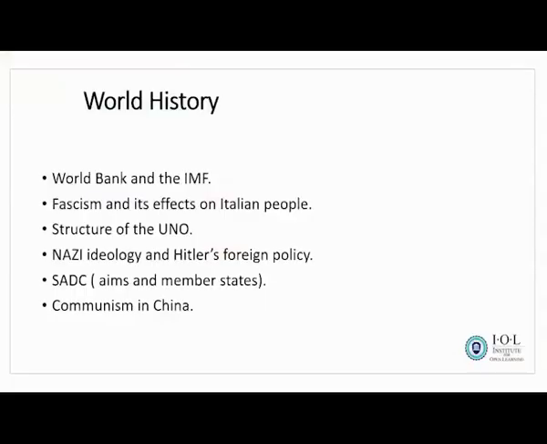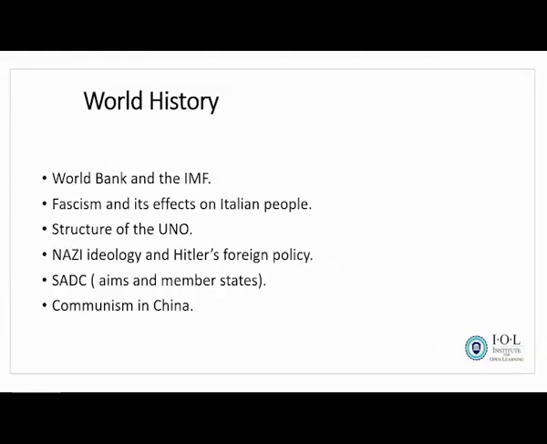So we have fascism and its effect on the Italian people. Fascism is from the word fascist, the party introduced by Benito Mussolini in Italy. So now find out how this party was established in Italy and how this leader Benito Mussolini dealt with people in Italy. Like just any other person, no one is perfect, so there must be some advantages and disadvantages of this party.